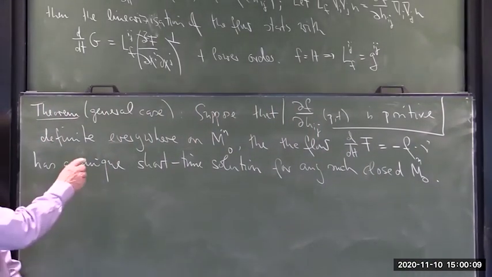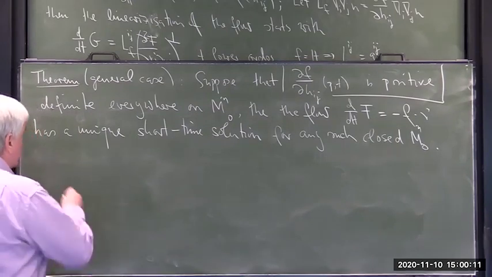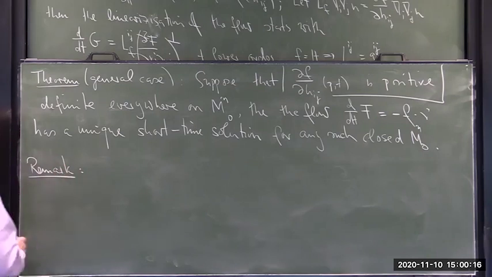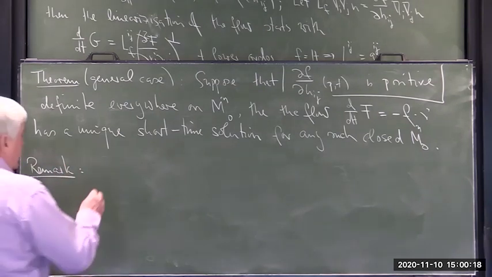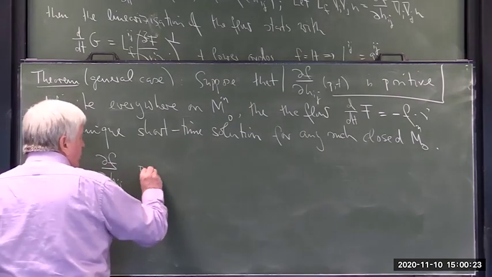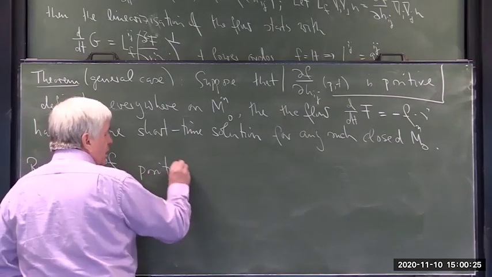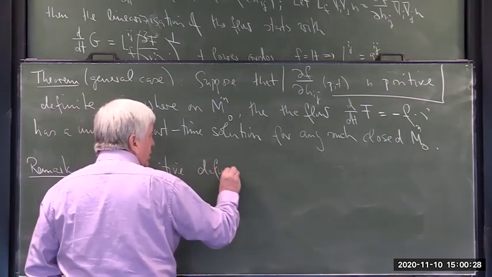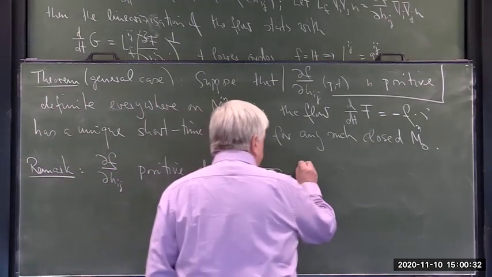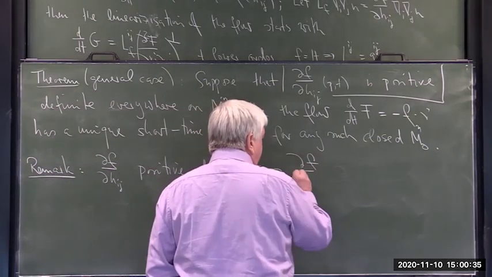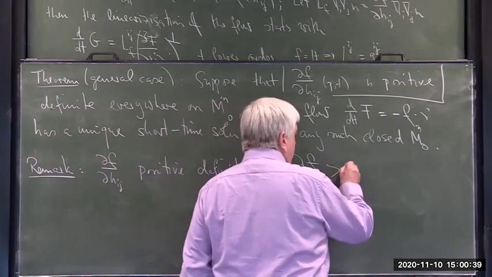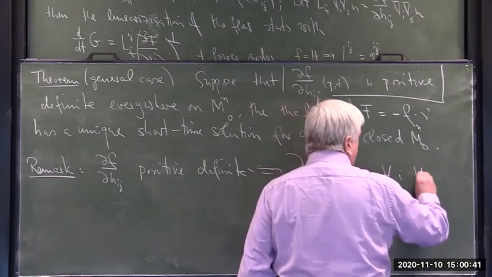And the remark is, of course, that you can read that off from the eigenvalues. Remark: df/dHij positive definite is the same as checking that df/d lambda_i is positive for all i and for all p.